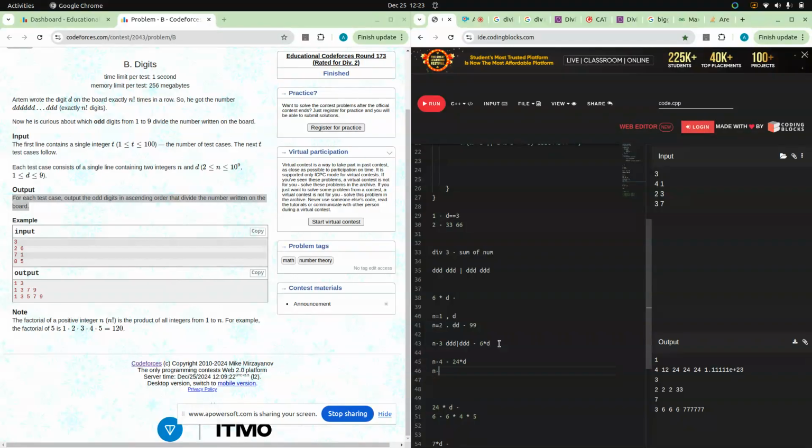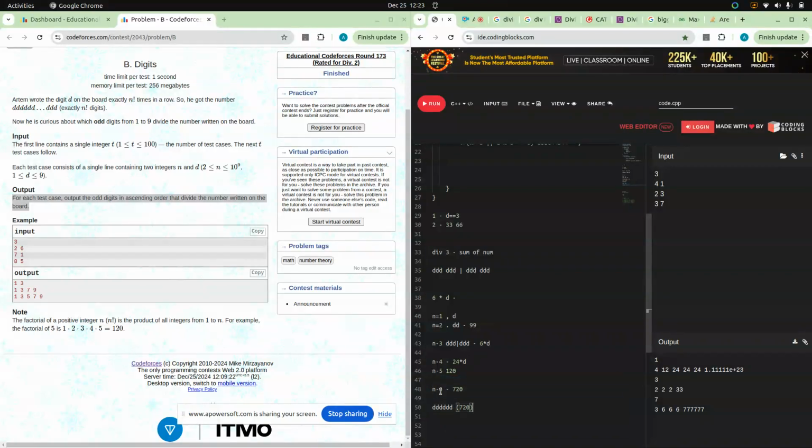But for now, let's focus on when n becomes equal to 5. Then we have 5 factorial is 120, I feel. 120 is still not divisible by 9, so that's why I'm moving forward. When you reach 6, 6 factorial is 720, which is divisible by 9. So d is written 720 times.